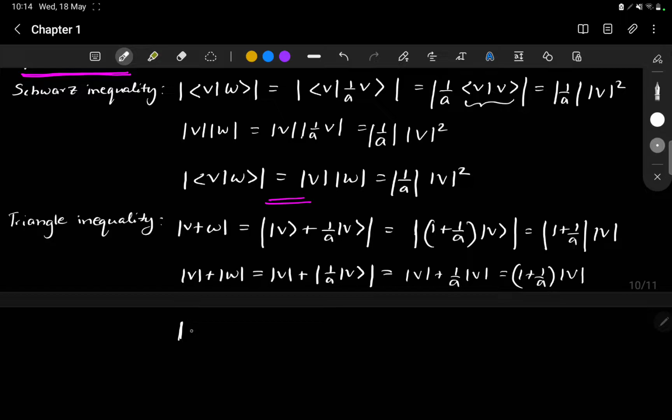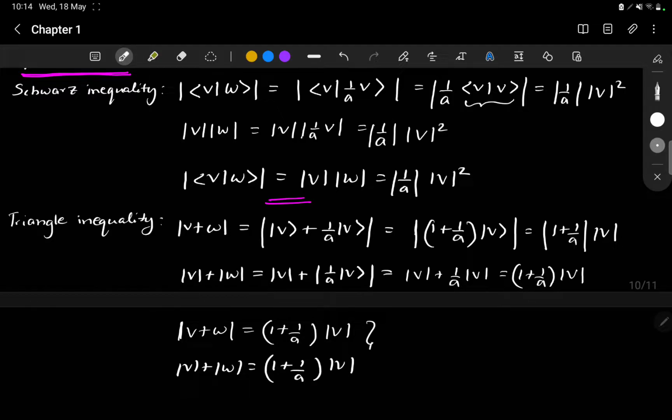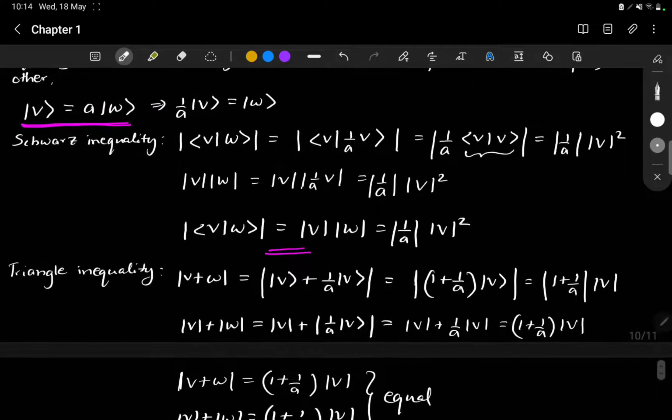For this case, we have the left hand side this, the right hand side this, and these are equal. So again we have the equality being satisfied for this case.